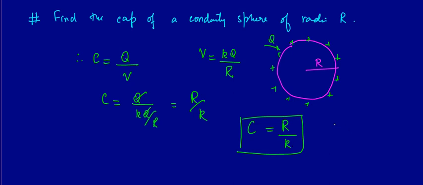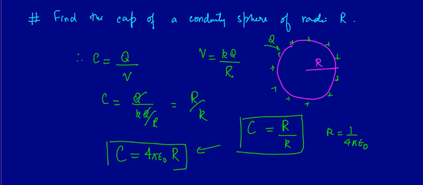Now, if you have a vacuum surrounding the sphere, then you could write k as 1 by 4 pi epsilon naught. So the capacitance of the sphere in vacuum would then be 4 pi epsilon naught times r.